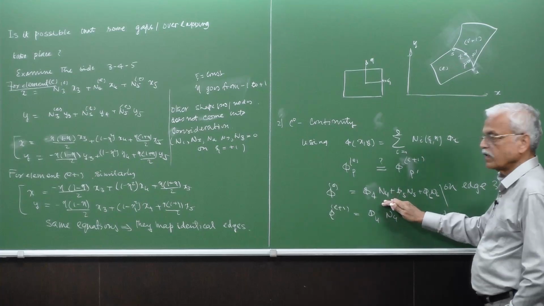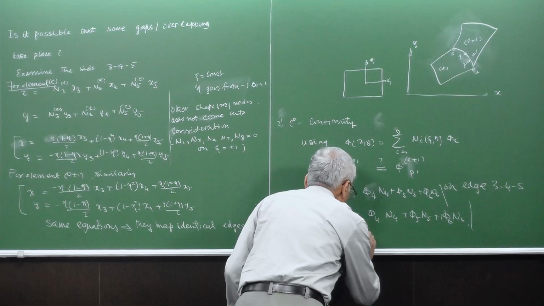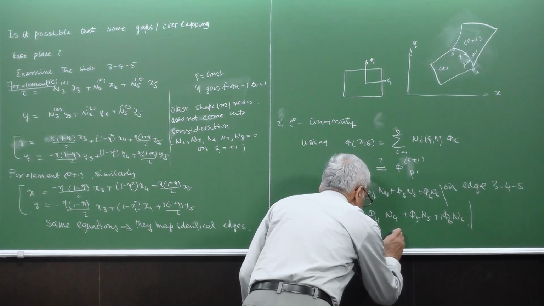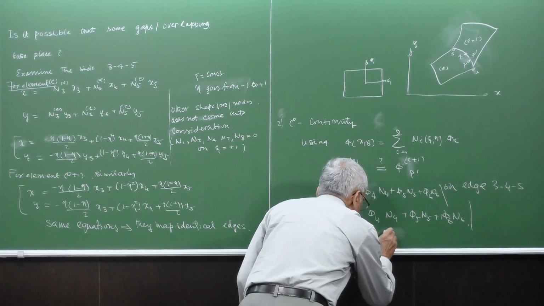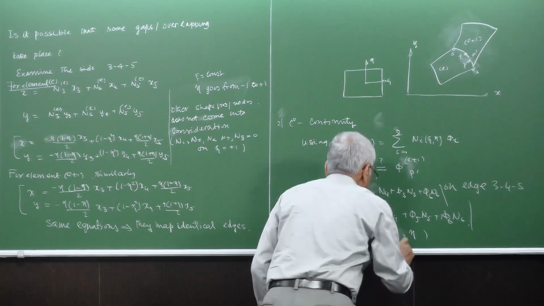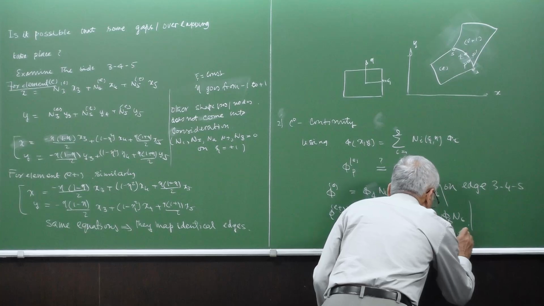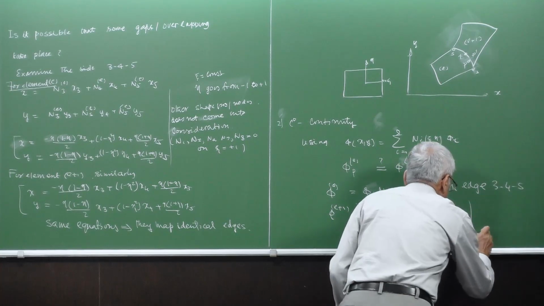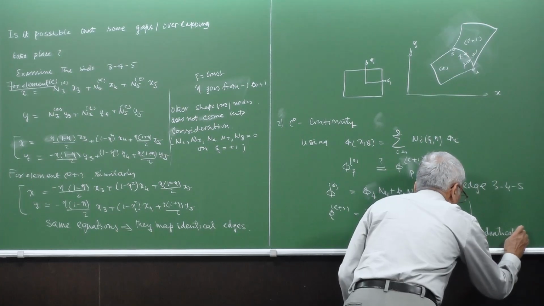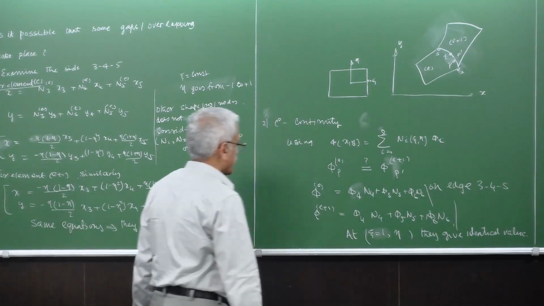So if you put xi equal to plus 1 and eta some value, they give identical values.